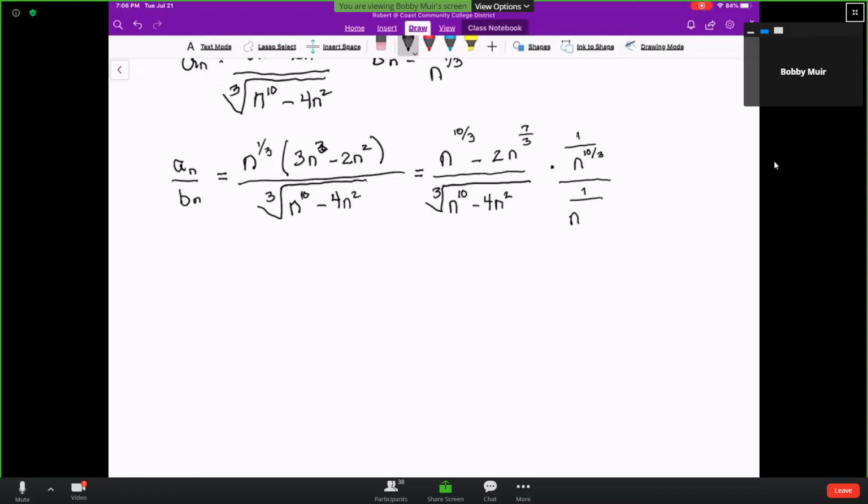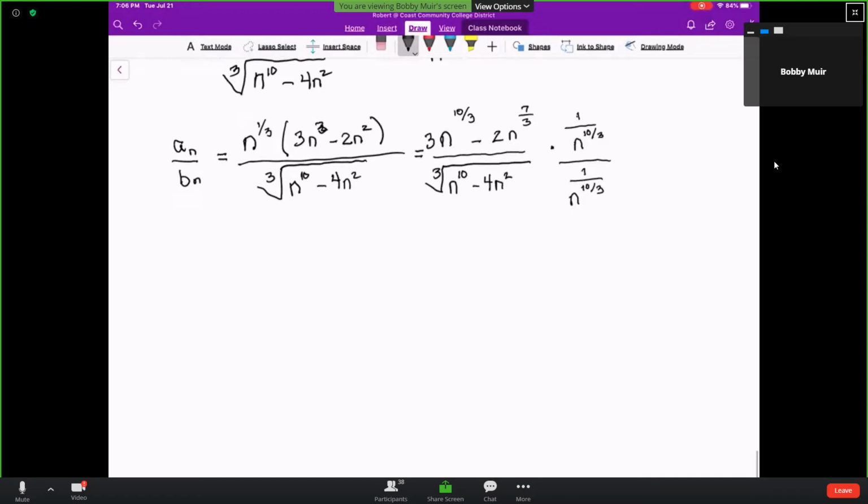Oh, I forgot there's a 3 there. You pick the biggest exponent you see, and it looks like it's going to be n to the 10 over 3. Now because of my experience, I know this limit is going to exist. It's going to be a number. But that's just because it's me, right?